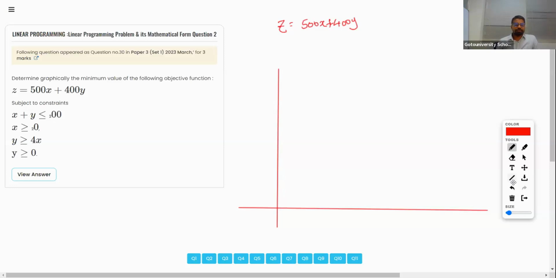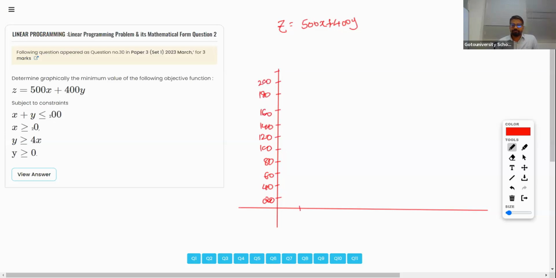So we have this x plus y is equal to 200. So let's draw the graph so that we can have 200 in our graph. I'm writing 20, 40, 60, 80, 100, 120, 140, 160, 180, and 200.